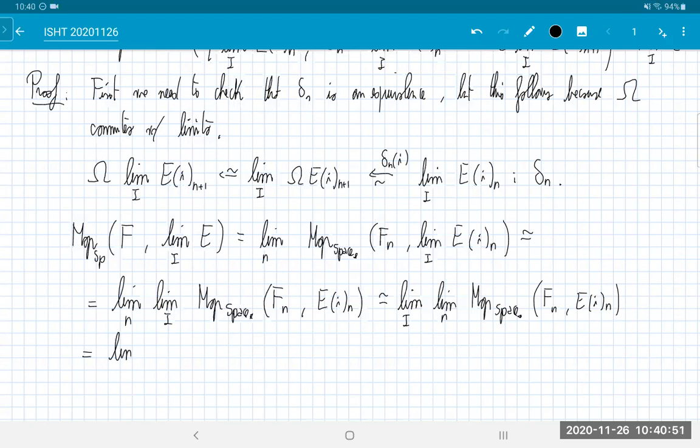And then you get just spectra maps from F to E_I, as we are required to check. Again, this is not a hard proof, but I am secretly using that limits commute with limits here, or generally that omega commutes with limits. So, okay, in particular, spectra has all limits.